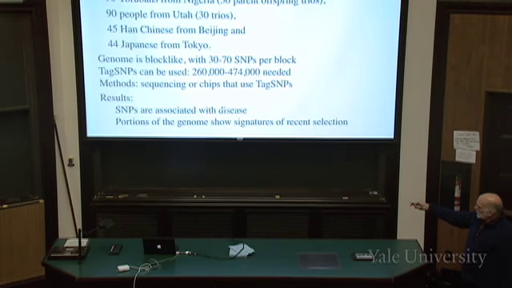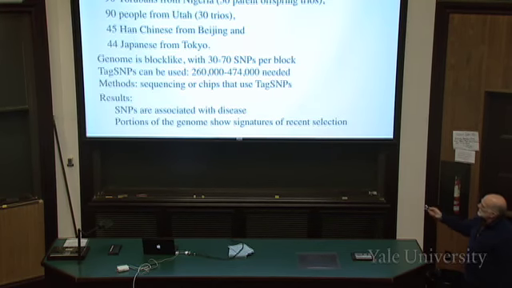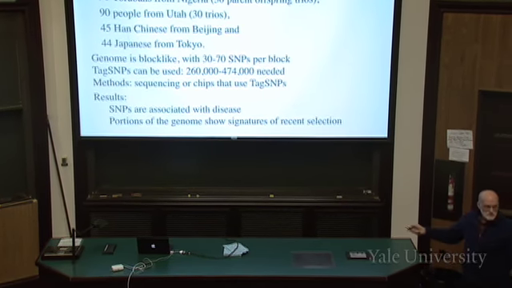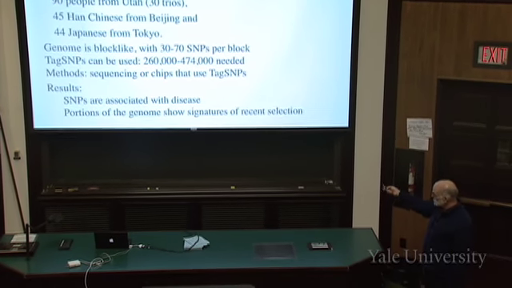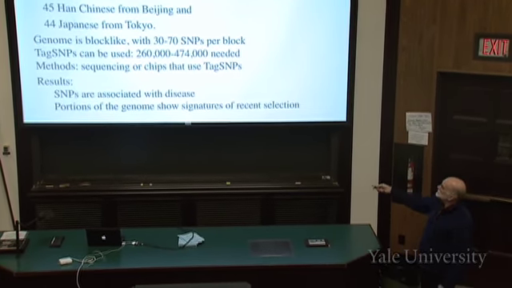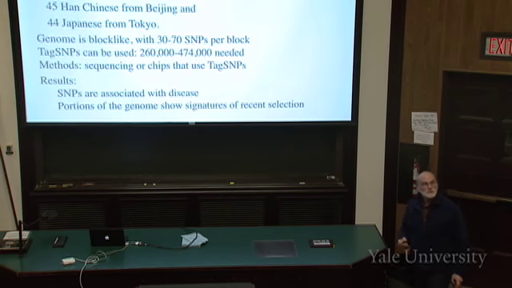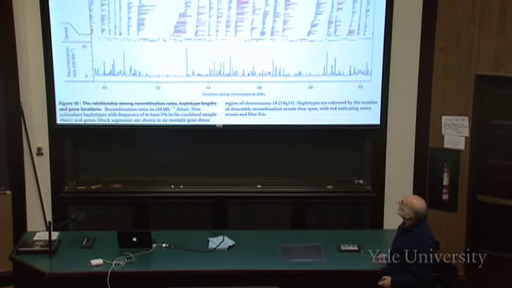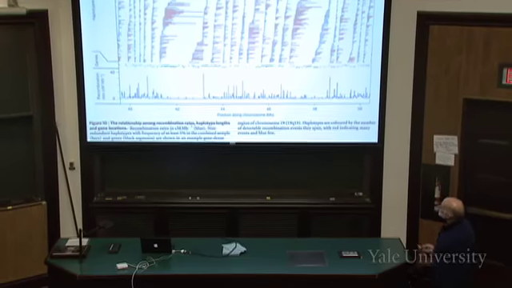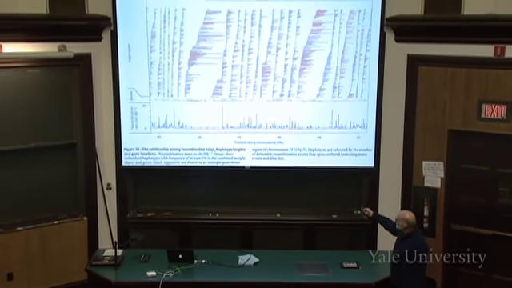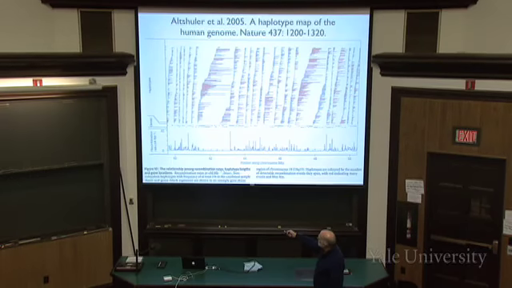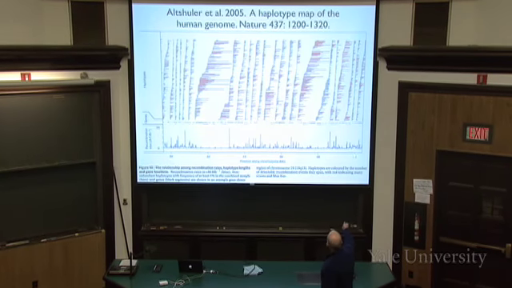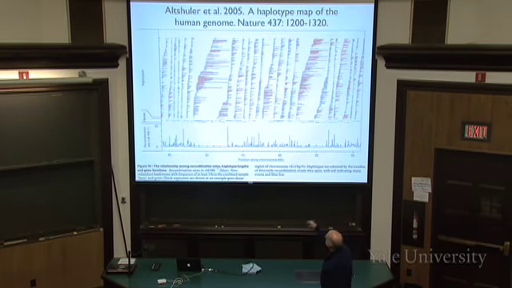So now there are these gene chips, and we've discovered that there are some SNPs that are associated with disease. We can see that there are portions of the genome that show signatures of recent selection. This is an interesting literature. This is what a little section of our chromosome 19 looks like, okay? So this is the position along the chromosome starting at 40 million and going up to 50 million base pairs.